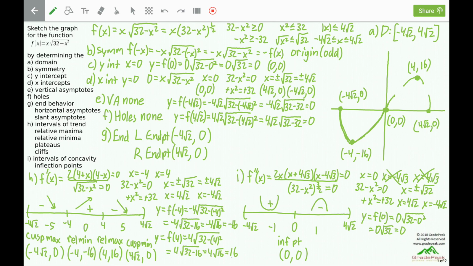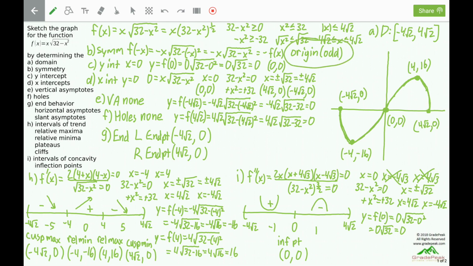Here it's increasing and concave down, so it's headed up, but it's curving downward. And here it's decreasing and concave down, so it's headed down and curving down. So it's following the domain. It only exists between -4 square root of 2 and +4 square root of 2, including the endpoints.